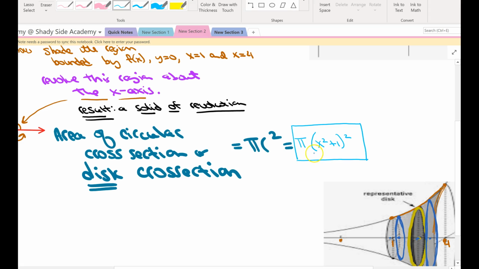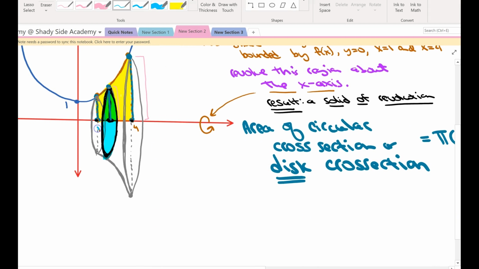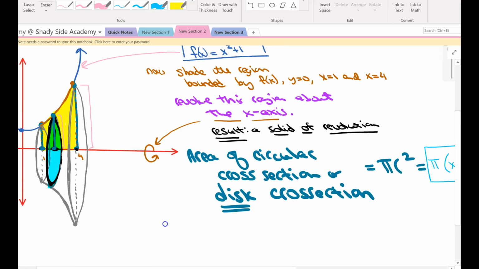So this makes sense that the radius here varies depending on x, because x could be any value between 1 and 4 after all, right? Those were my limits of integration. Oops, I'm getting ahead of myself. That was the interval of x over which this area and this solid exists.